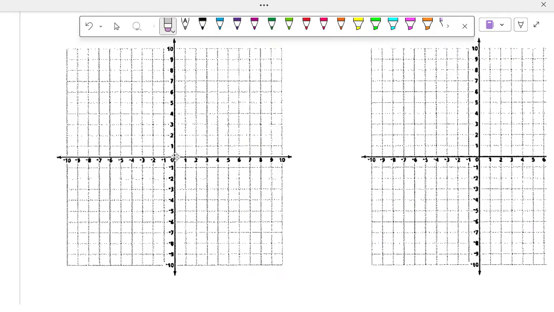So if I just do the parent function real quick, I have 0 in the center, that's the vertex, then 1, 1, then 8, 2. And on the other side, I would have negative 1, negative 1, negative 8, negative 2. So my graph will look something like this.